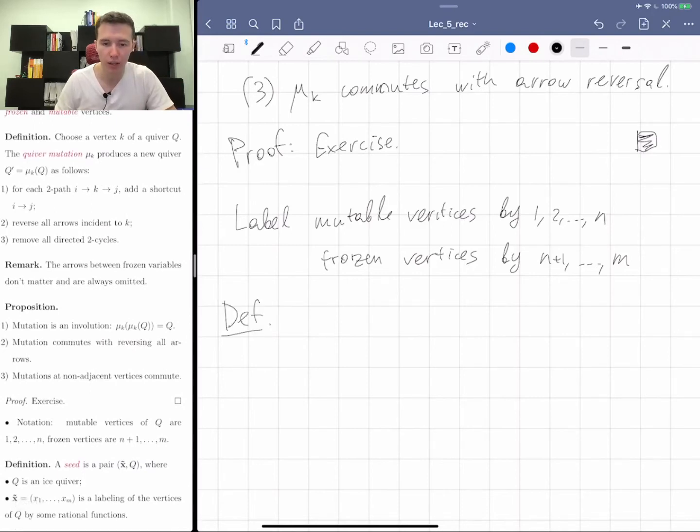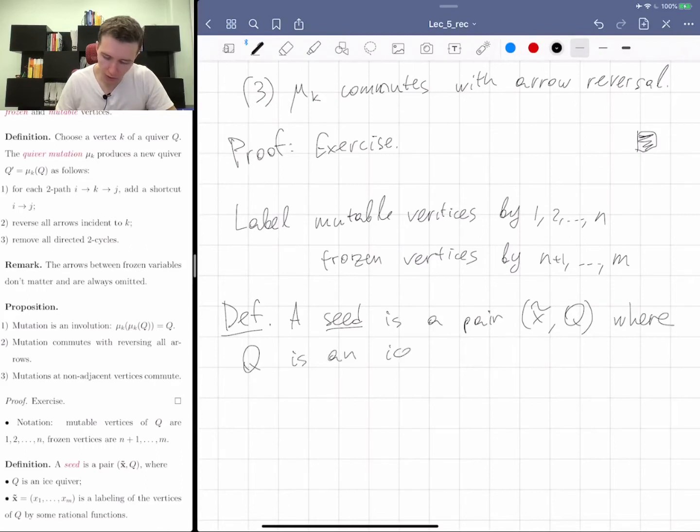Definition: a seed is a pair x tilde, comma Q, where Q is a quiver and x tilde is x1, x2, all the way up to xm.